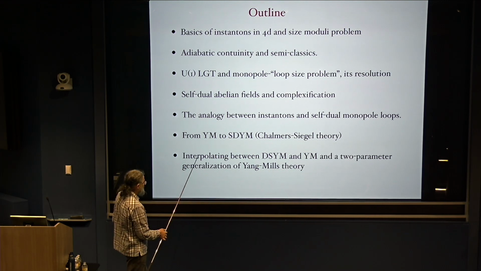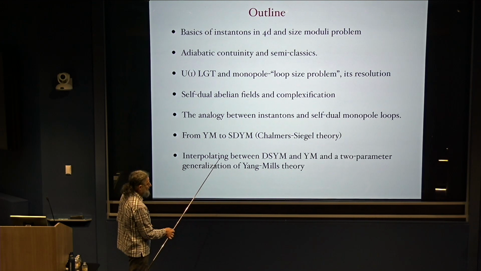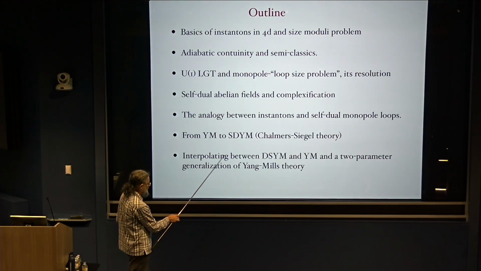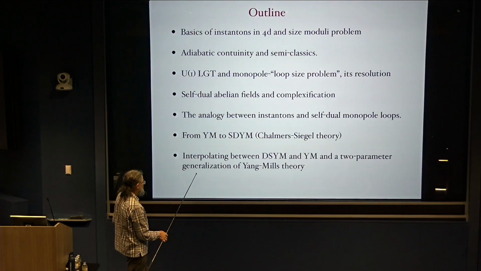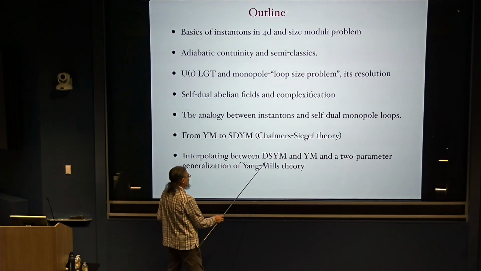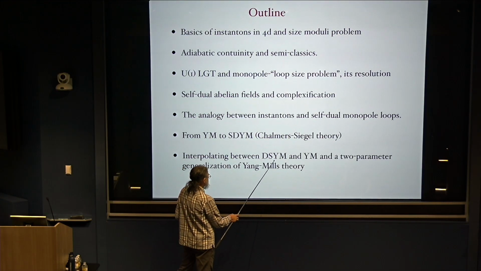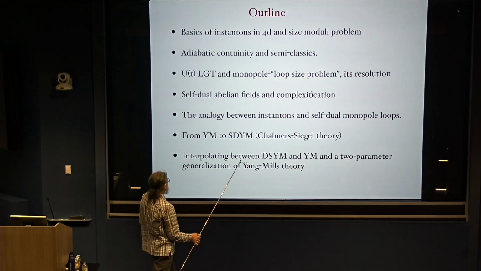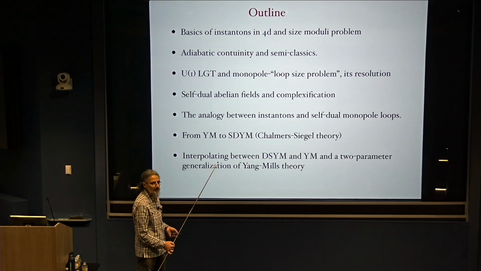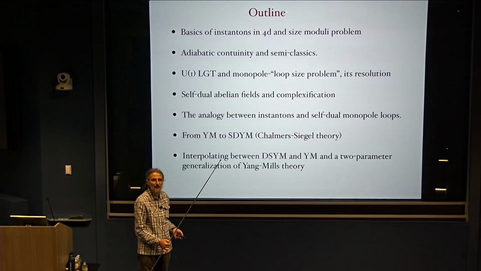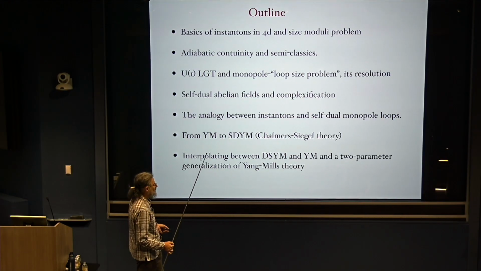And I started to understand that there are some very deep connections between this construction and the one here. And I ended up constructing some interpolation between this almost integrable theory, self-dual Yang-Mills, and Yang-Mills. And I will talk about something new. It's a two-parameter generalization of the Yang-Mills theory.